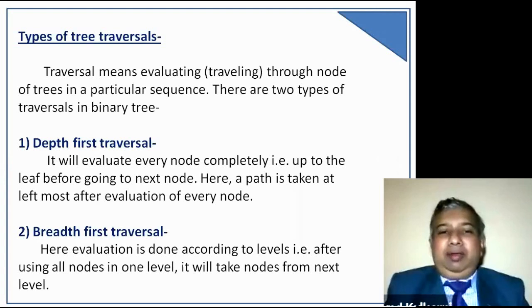Let us discuss them one by one. Depth first traversal evaluates every node completely, that is up to the leaf, before going to the next node. Here, a path is taken at leftmost after every evaluation of a node.